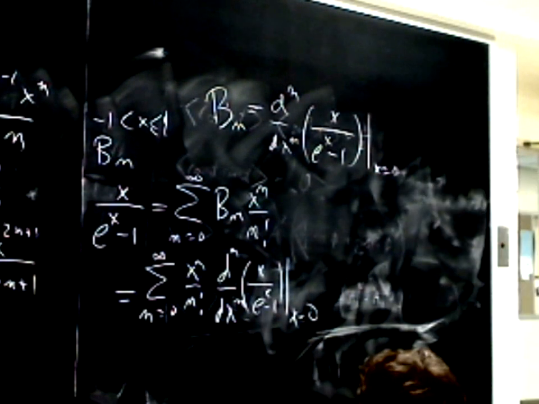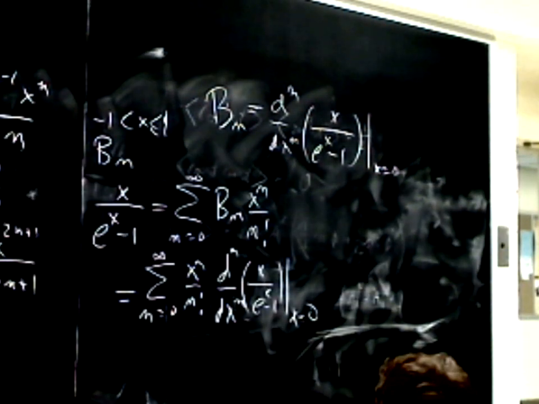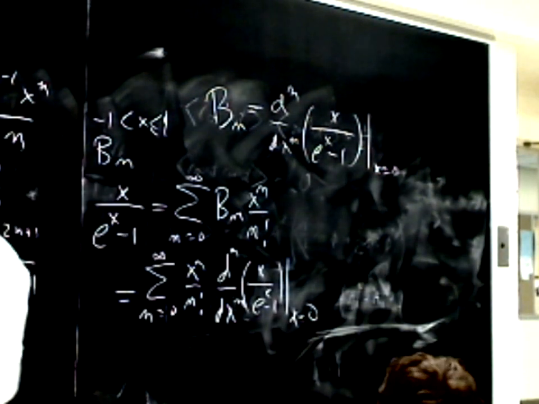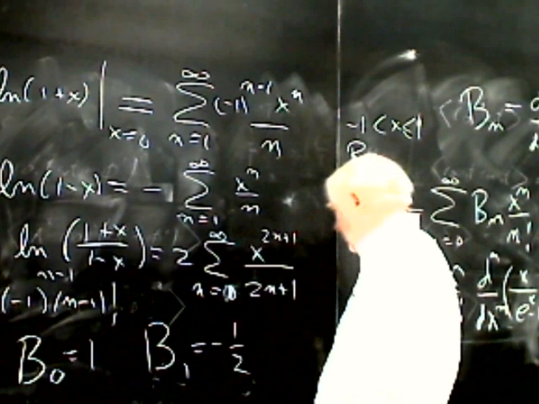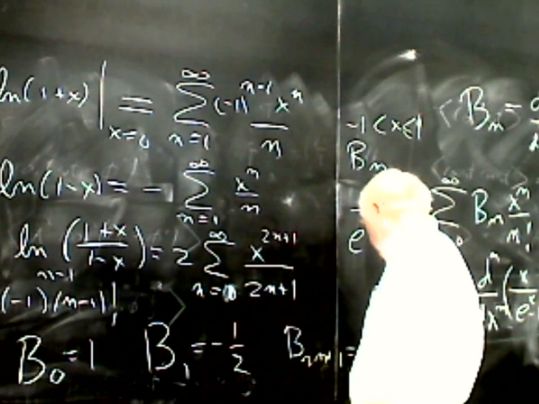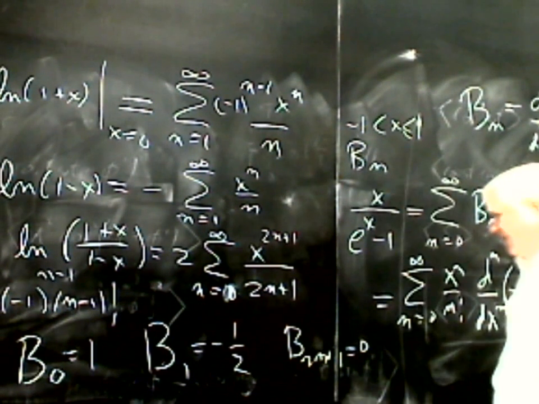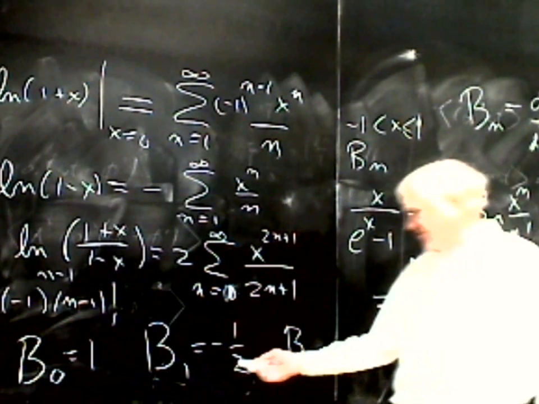And some Bernoulli numbers, let me just use up some of this blank space. B0 is 1, B1 is minus a half. B(2n+1) is 0, apart from the case where n is equal to 0. So all the odd ones are 0 except for the first one.